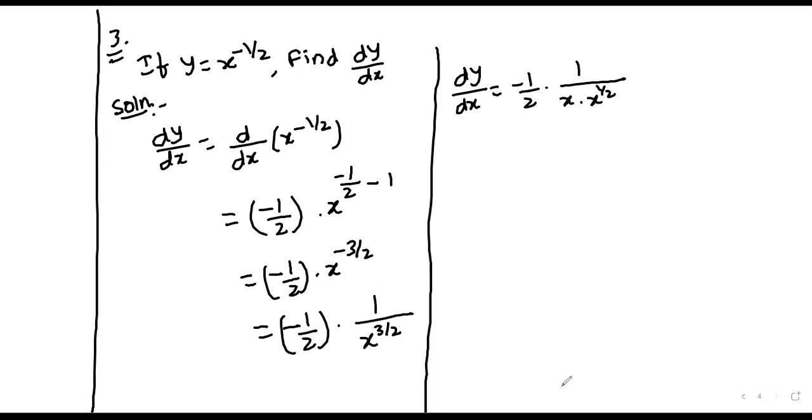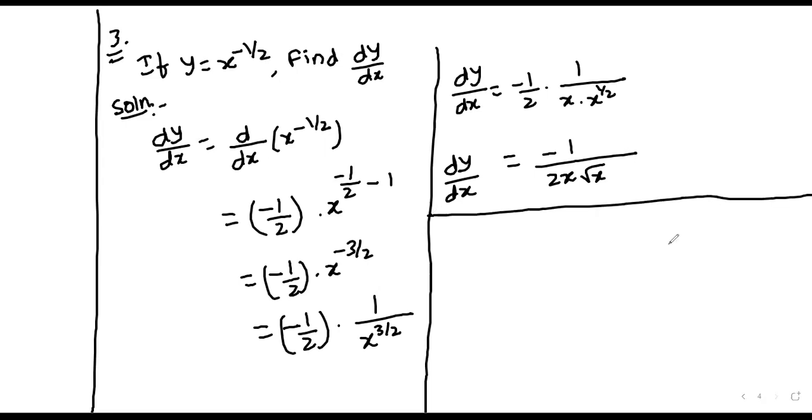So it is minus 1 by 2x, and this x power 1 by 2 I can write as root x. See, x power 3 by 2 I can write as x root x. Okay, fine. First of all, we'll calculate like this. Now, second one. See, the first one is y equal to x power n.